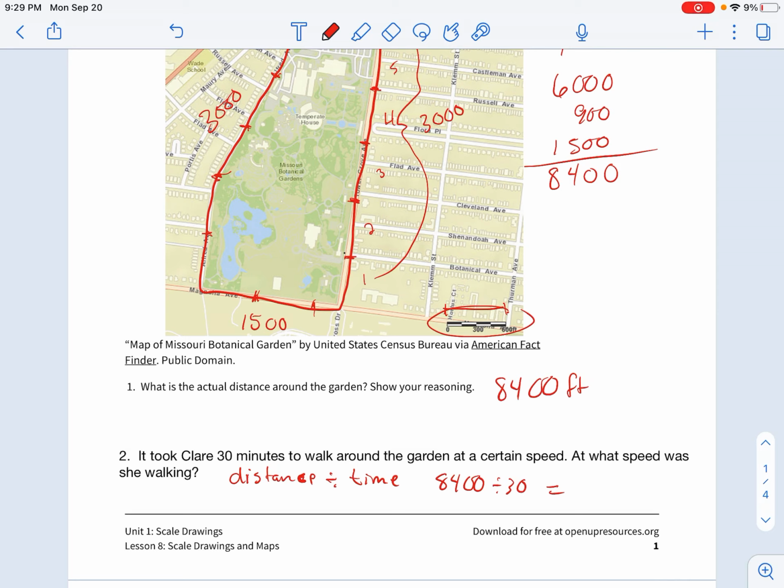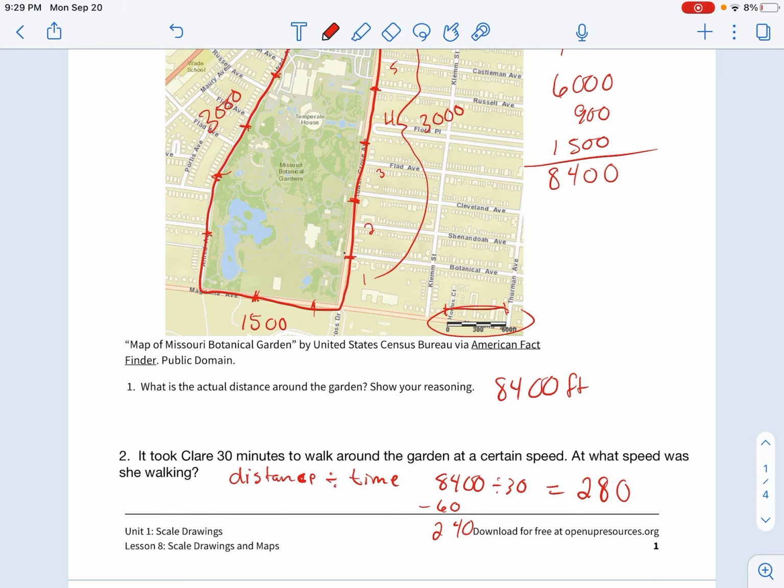So 30 can go into 84 2 times. So 84 minus 60, that's going to leave us with 24, so 240. 30 can go into 240 8 times. And then we'd have one more zero.